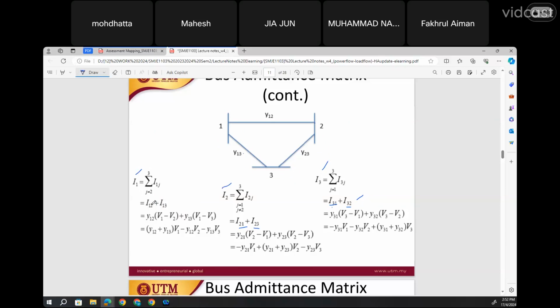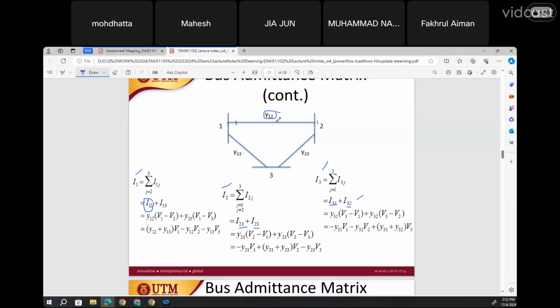And have a look at I12 over here. How do we get this I12? I12, from here to here, comes from the admittance value multiplied by the difference between terminal 1 and bus 2. So we have V1 minus V2 to get the current flowing in that direction.